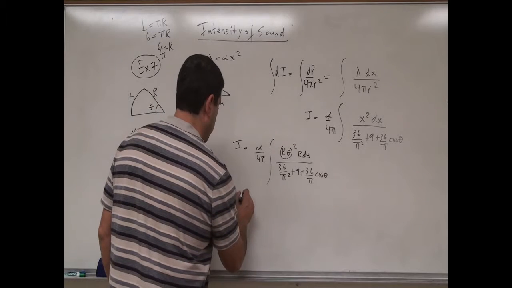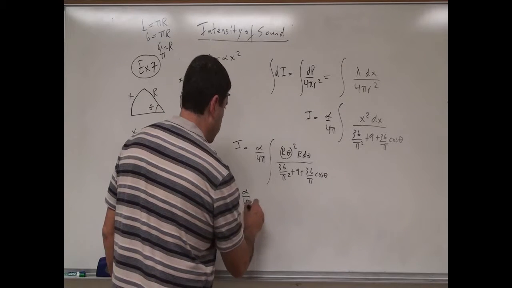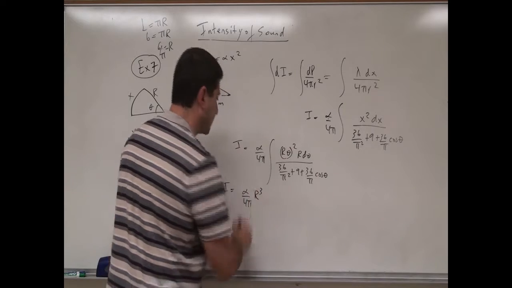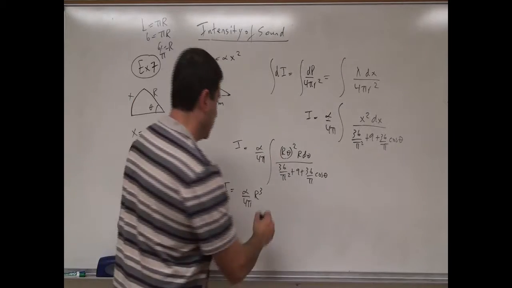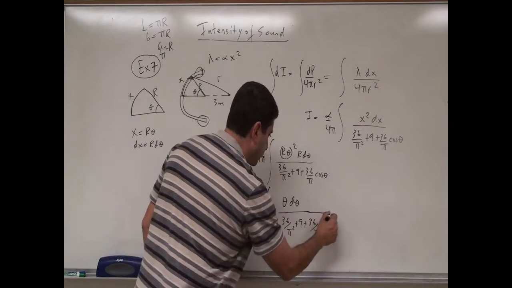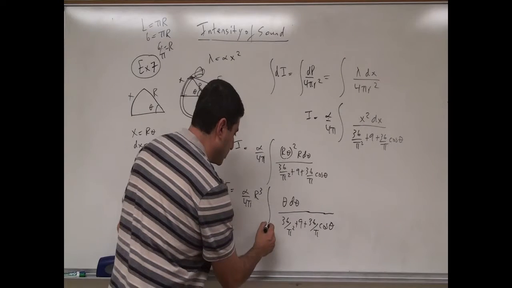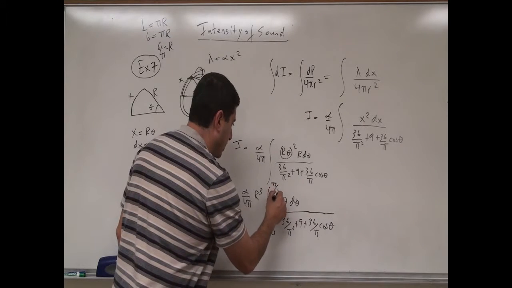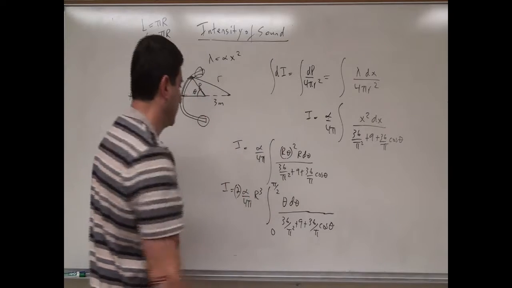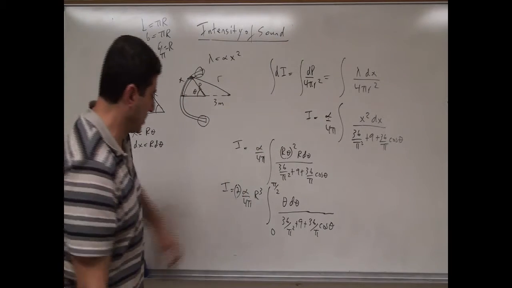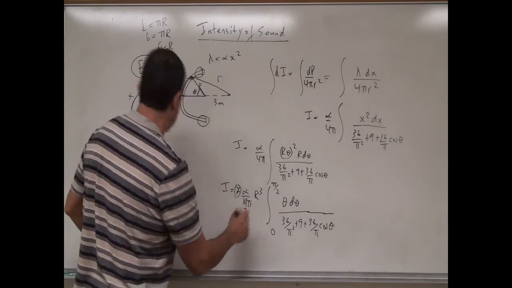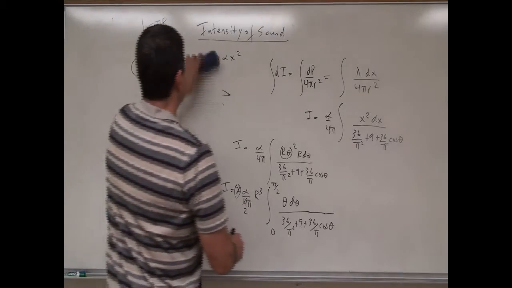I is equal to alpha over 4 pi, and r cubed is going to come out of the integral, right? And then you're going to have theta here. For the limits of the integral, you can go 0 to pi over 2, and you can also double it again. When you double it, of course, you're going to get rid of the 4.